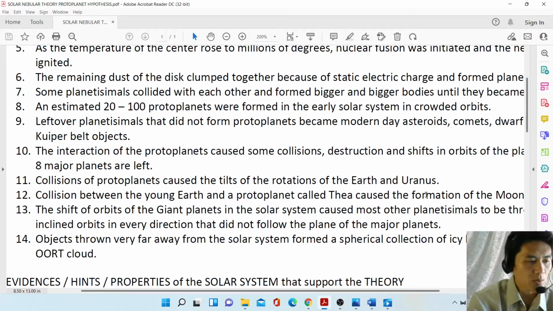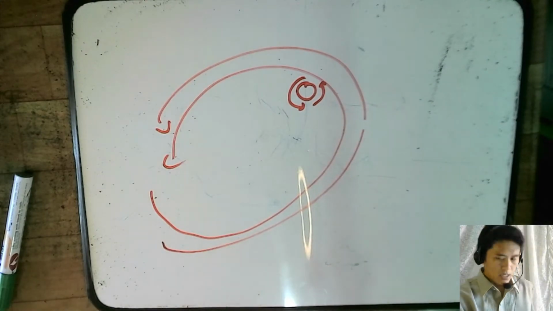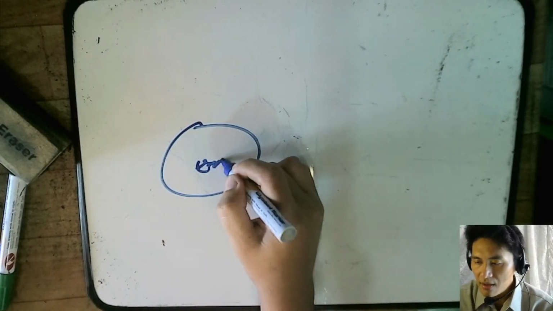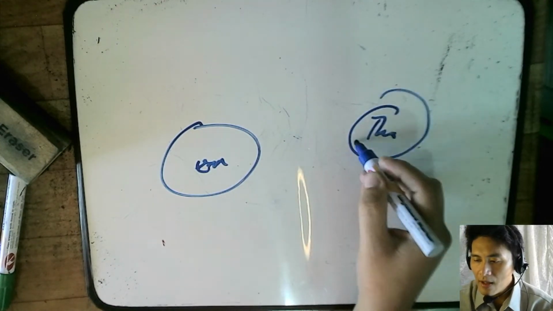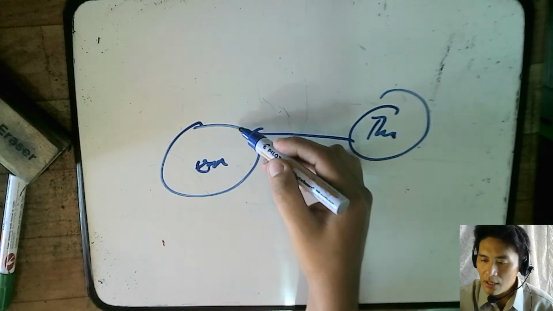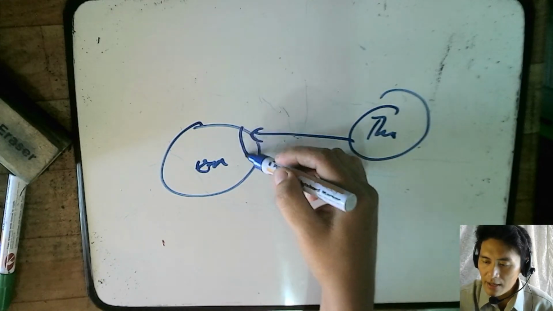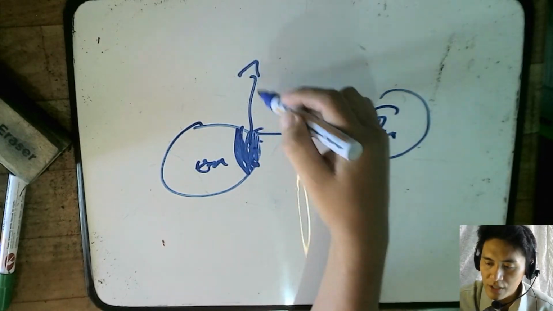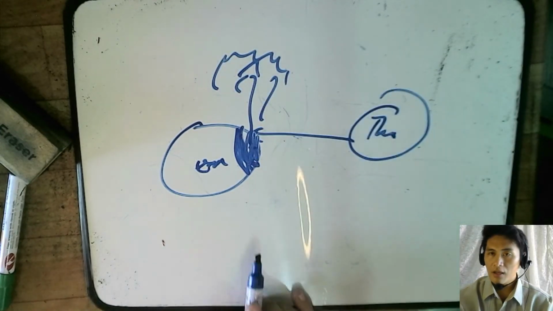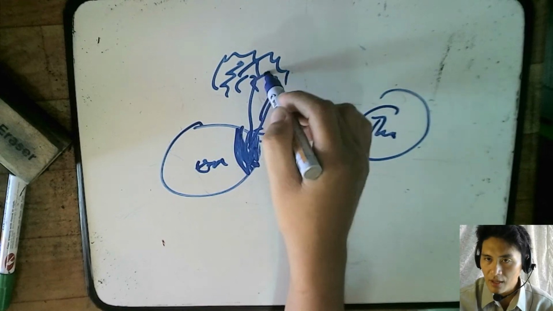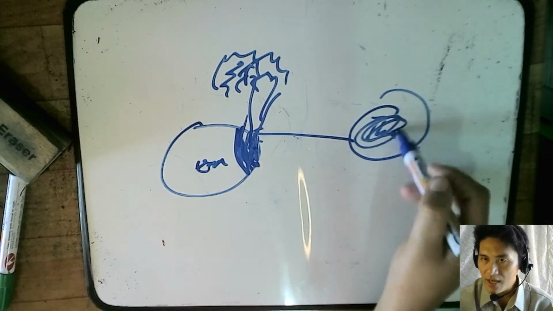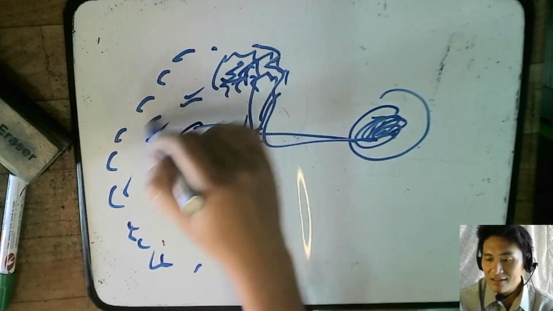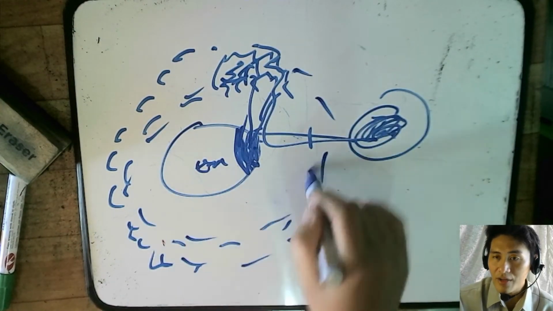So that's why we now believe that there was this planet, the young Earth, and then another planet called Theia, and then they collided. What happened was Theia obliterated a part of the Earth, which shot up above the Earth, and Theia itself was obliterated, and then the leftover became again a cloud of dust particles.